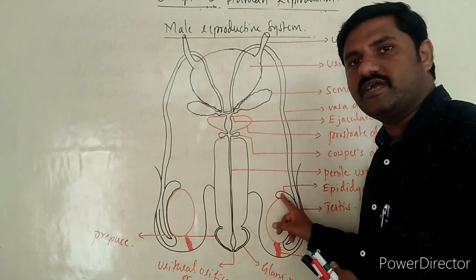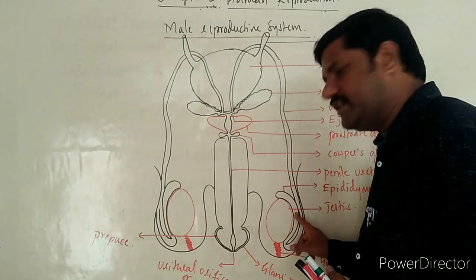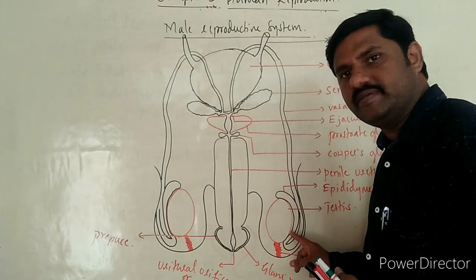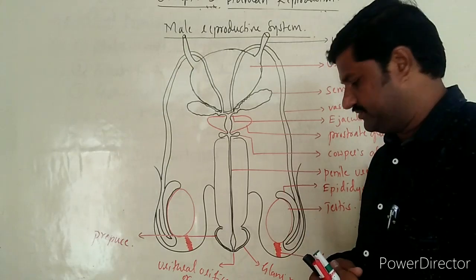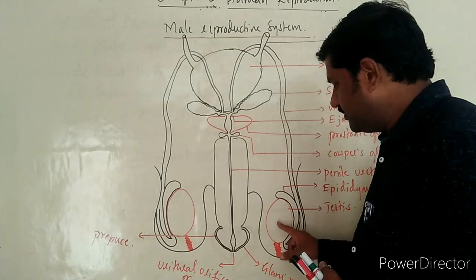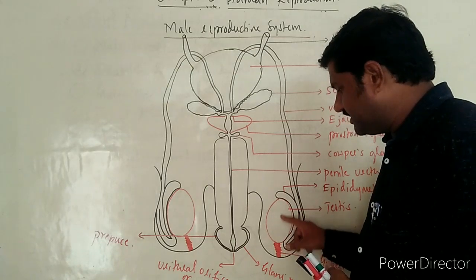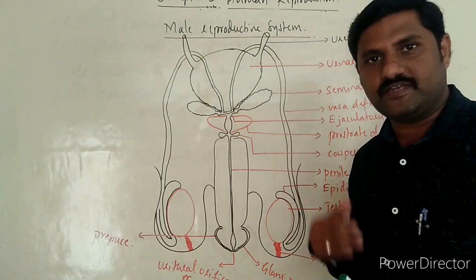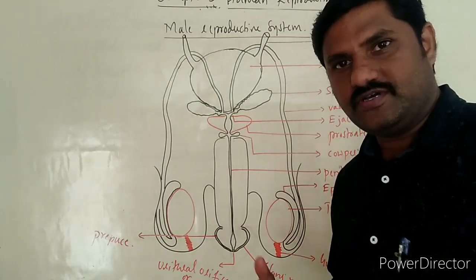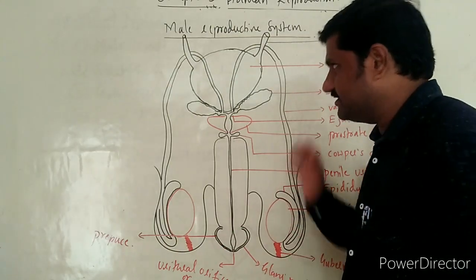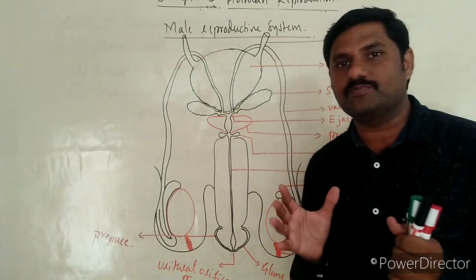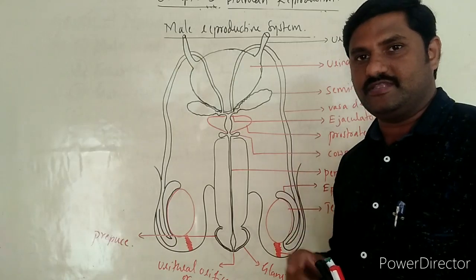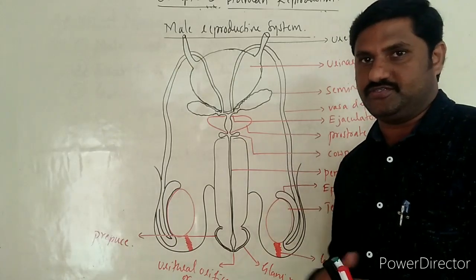So this is the anterior part of the epididymis, this is the body of the epididymis, that is corpus epididymis, and this is the tail of the epididymis, called cauda epididymis, right? All the sperms travel through this tract, the continuation of the tract, as I already have told you. How does the continuation of the tract take place in the entire male reproductive system, along with the accessory glands present in the male reproductive system?